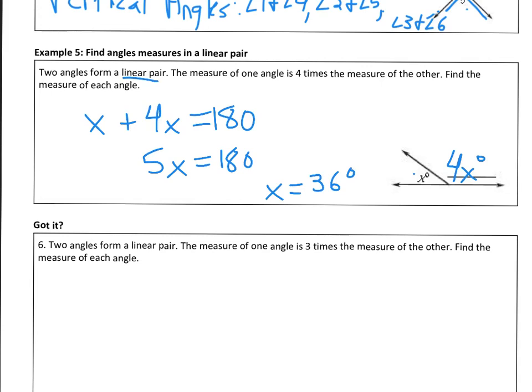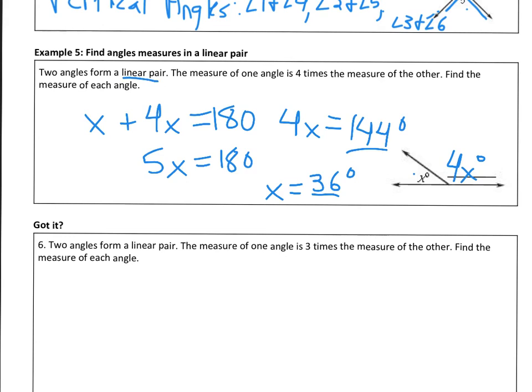Okay, so if x is 36 degrees, 4 times x, I'm going to grab my calculator real quick here. 4 times 36, sorry, is 144. I probably could have done that using mental math, but wanted to make sure. So our two angles are 36 and 144.